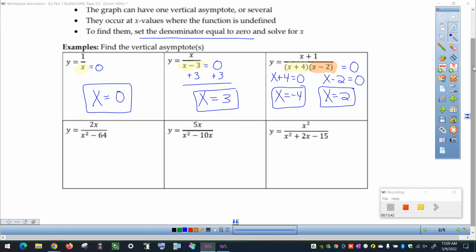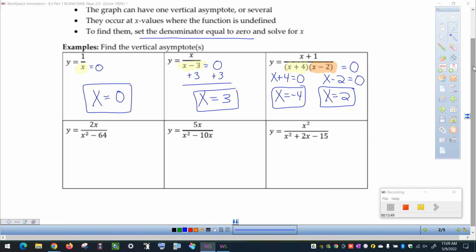All right, now sometimes in order to find the vertical asymptote, we have to factor our denominator first. And so that's what we're going to have to do in these next three problems. Our goal with the factoring is to turn it into something that looks like this. So it's very easy to do when you have it with the two parentheses side by side.